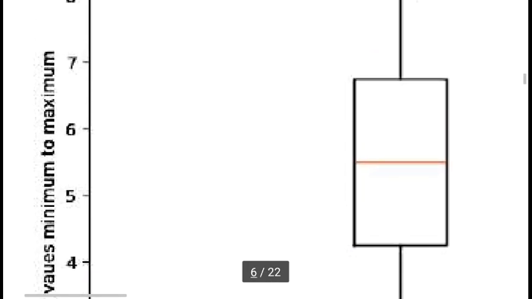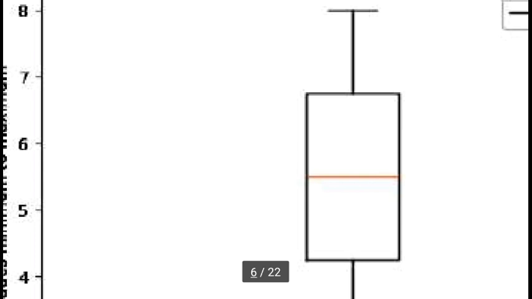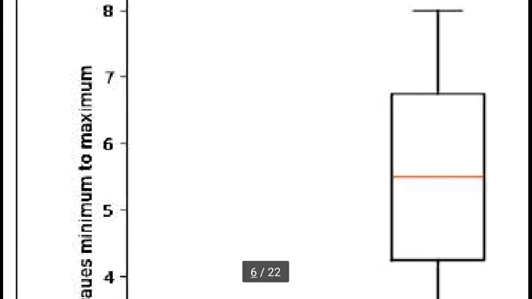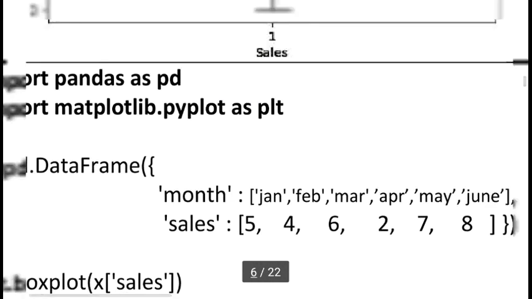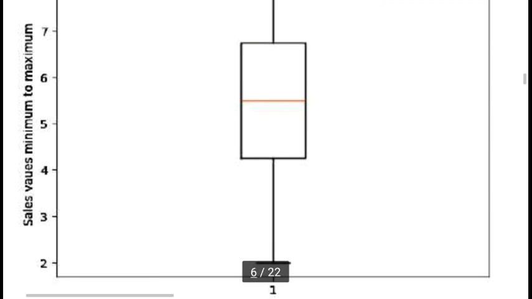This is our box. You can see inside the box a small red horizontal line. It shows the average value, between 5 and 6: 5 plus 4 plus 6 plus 2 plus 7 plus 8 upon 6 will return an average value between 5 and 6.